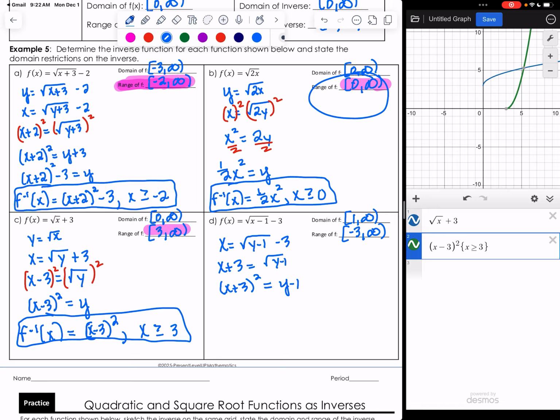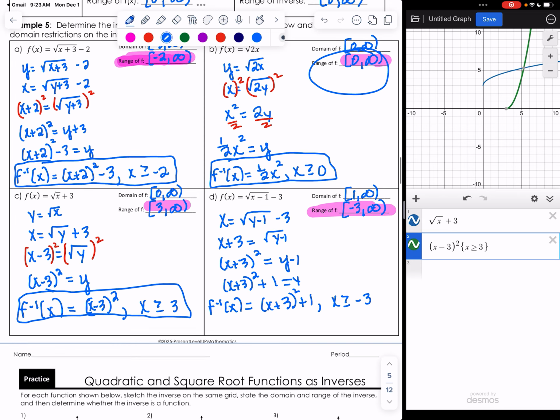And then I added 1. And then I wrote it with inverse notation. So f inverse of x is equal to x plus 3 quantity squared plus 1. Then I used the range of the original to get my domain restriction, where x is greater than or equal to negative 3.